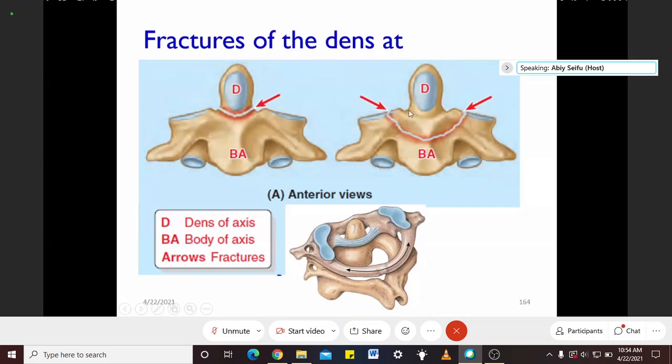Therefore, it doesn't interpose over the fracture, so it is easy to reunite with the remaining parts of C2. Therefore, they heal fast.